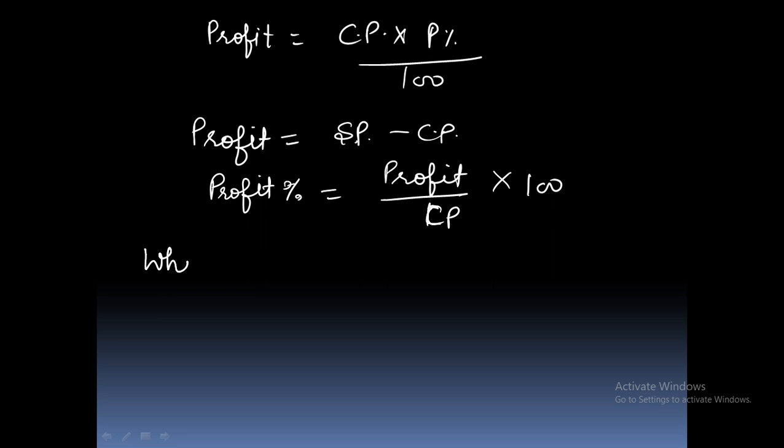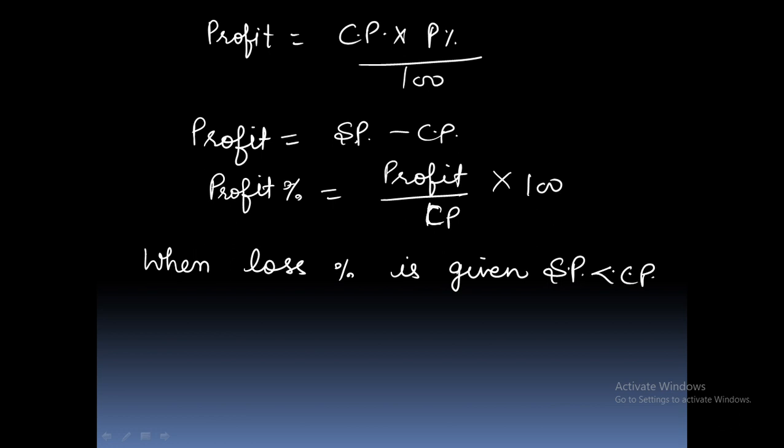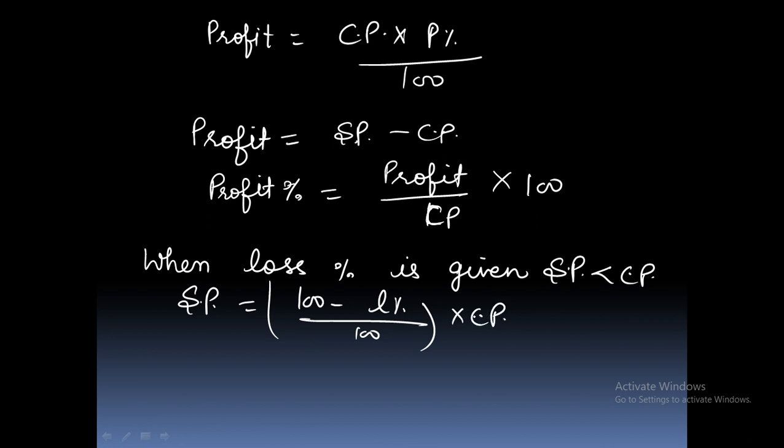Now next point is when loss percentage is given. That means selling price is less than cost price. Selling price equal to 100 minus loss percentage over 100 and multiply by cost price. If you want to calculate cost price, then use this formula, selling price multiply by 100 over 100 minus loss percentage.